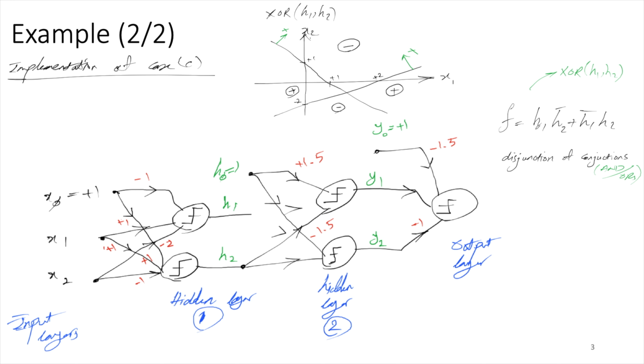So H1 negation of H2 plus H1 negation and H2. This is normally known as disjunctions of conjunctions. Conjunctions could be an AND or any other binary classification that you can design, and then you can represent more complex things with the disjunction of those conjunctions.